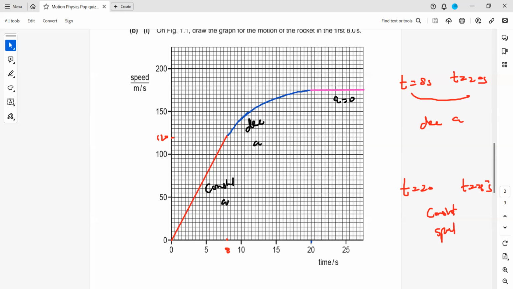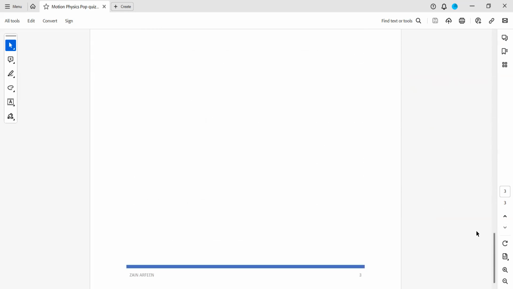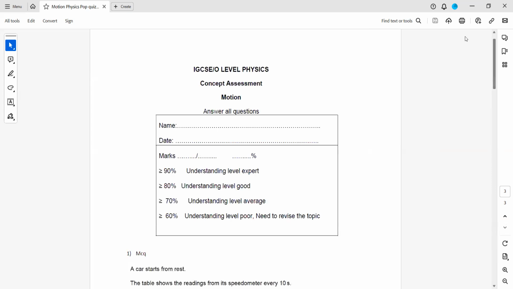Clear, sir. So this was pop quiz 2 related to motion.